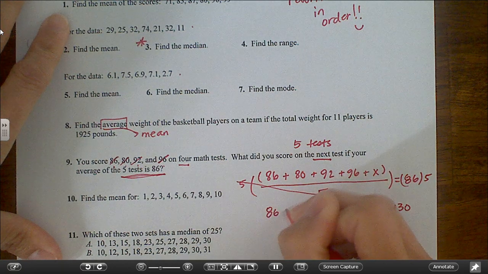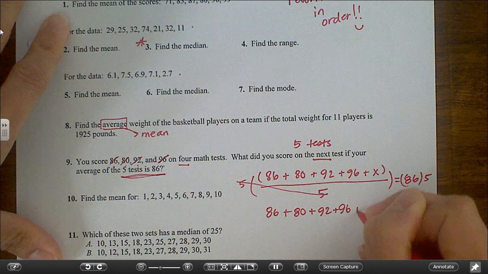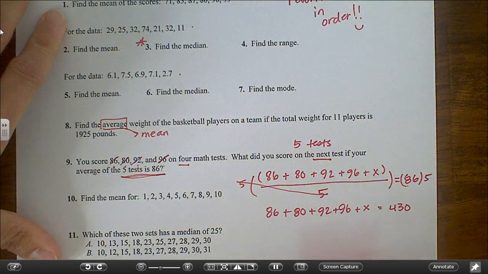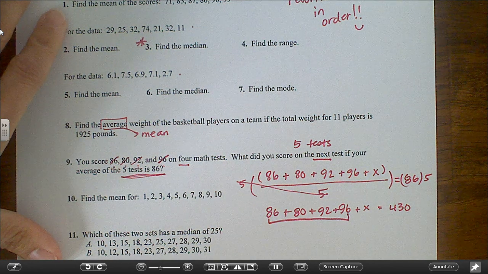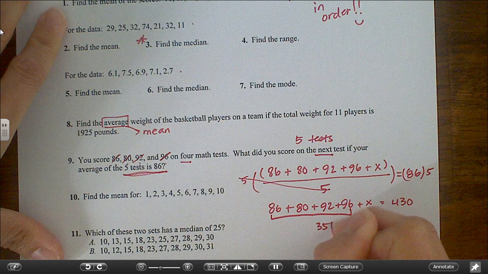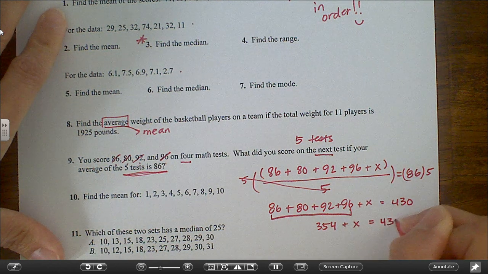So I have 86 plus 80 plus 92 plus 96 plus X. Do I have to subtract all these? No, I would add all these together first because they're like terms. So 86 plus 80 plus 92 plus 96 is 354. So 354 plus X equals 430.